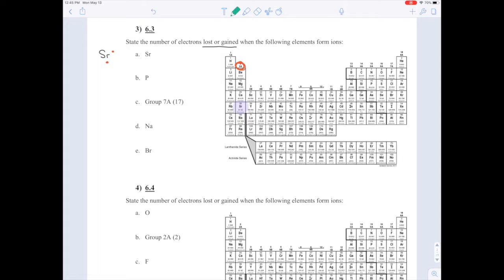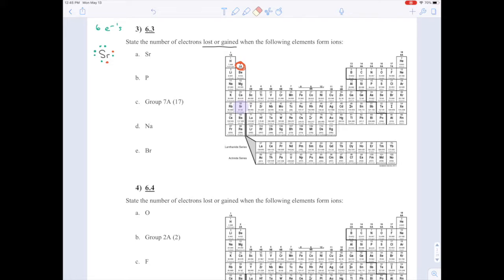If this element were to gain electrons, you'd have to put the next electron on the left and the next electron on the top, because you have to have 1 electron on each side before you start pairing them. Then, to get all of these electrons paired, you would have to add 4 more electrons. So in total, we would have added 2, 4, 6 electrons. There are 6 green dots. Those are 6 electrons that we added.